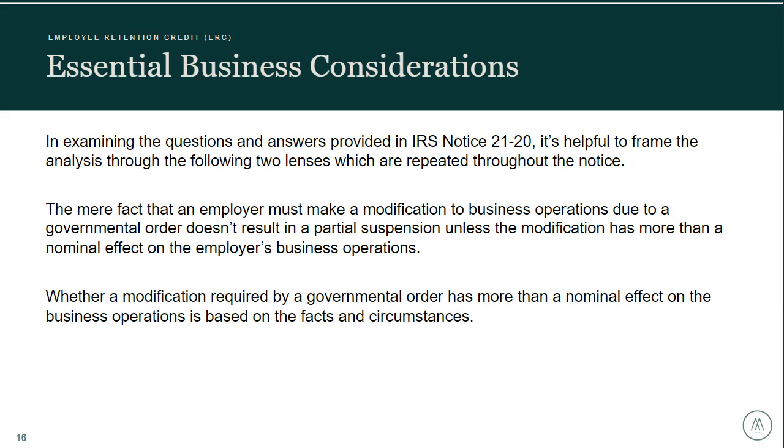Some criteria are clearly more impactful to a business than others. And what we're suggesting as we work through documenting and putting together the support to defend one of these claims, is that we look to the facts and circumstances that present a compelling case for qualification and are not circumstantial.